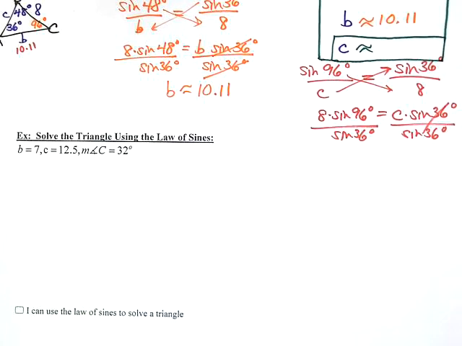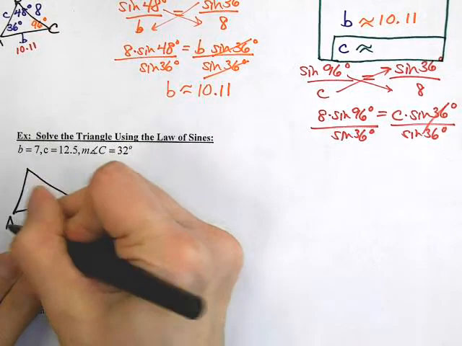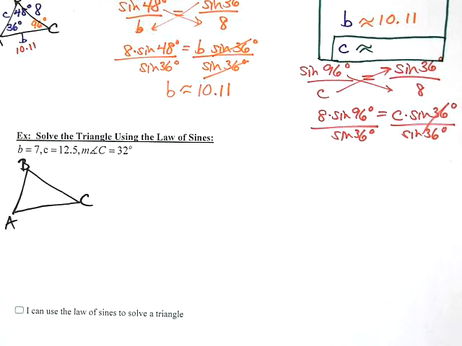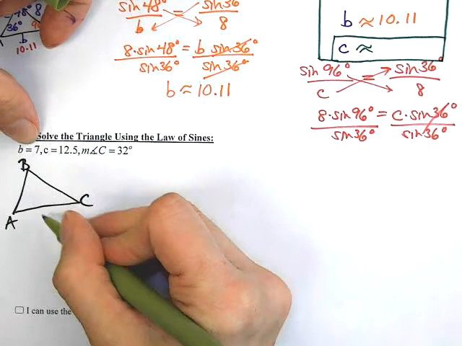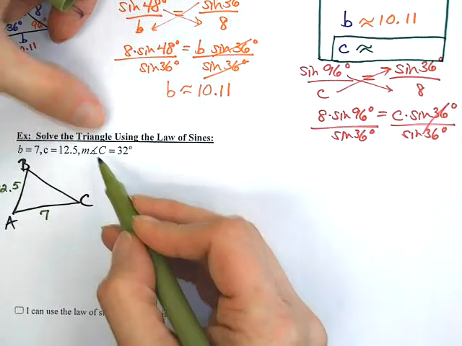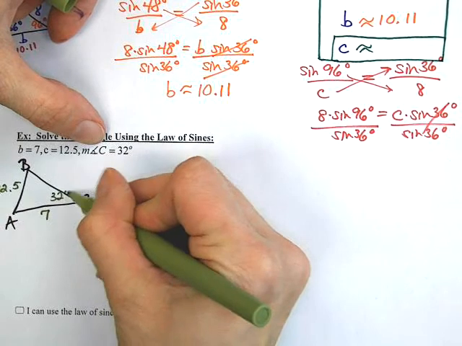Solve the triangle. All right, let's draw the triangle first of all. Triangle ABC, and we'll put the information given, and then we'll know what information we have to go for, and we'll be on our way. Side little b is 7, little c is 12.5, angle C is 32 degrees.